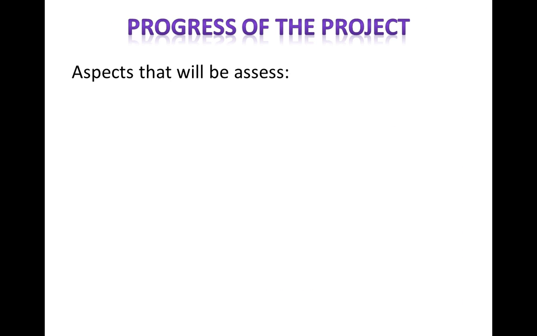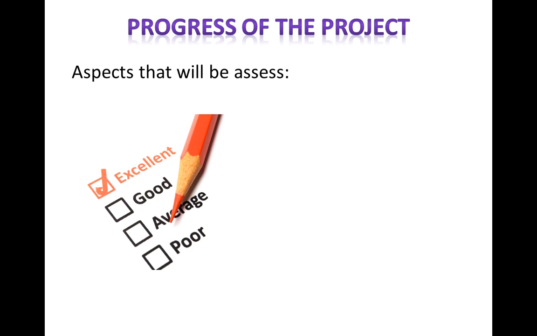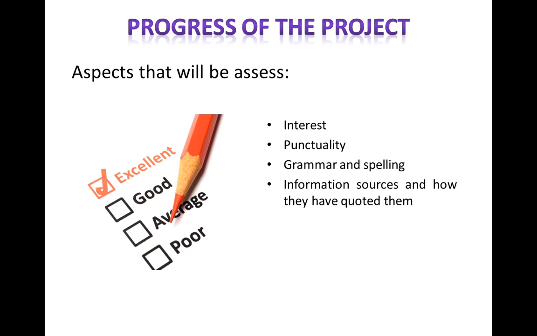The students will know the aspects that the teacher and the other classmates will assess. For example, interest of the article, punctuality in publication, grammar and spelling, information sources and how they have quoted them, video quality, and their comments in classmates' publications.